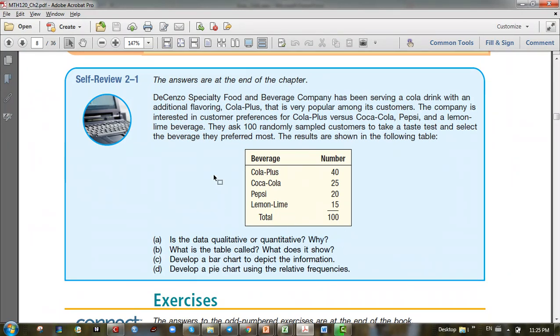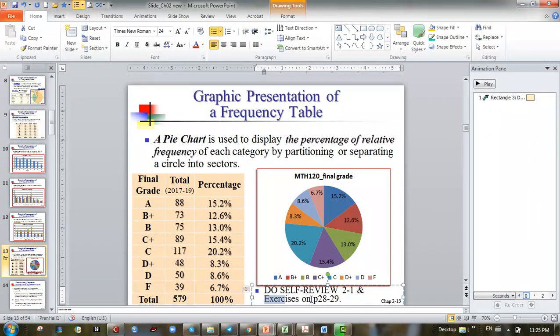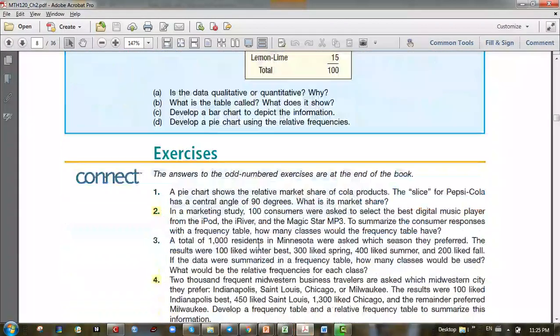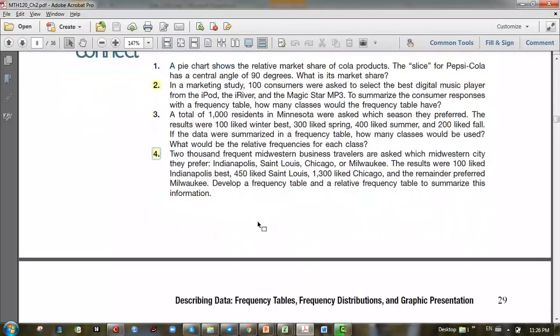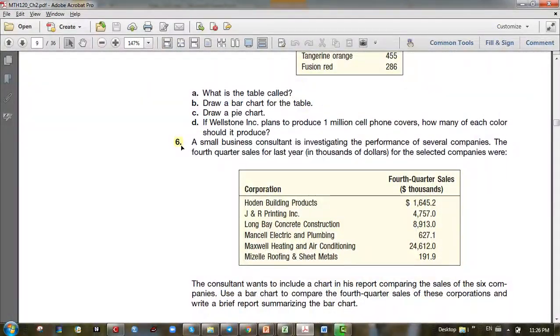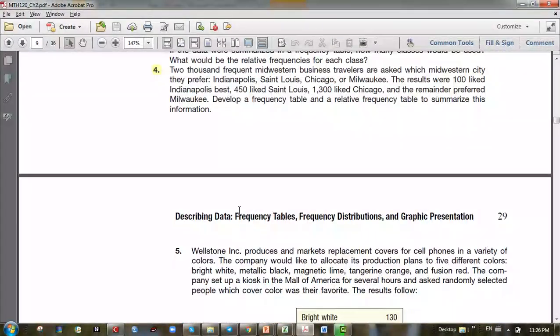So for your practice, not homework, practice. However, you have exercises here, and exercises here mean homework, on pages 28 and 29.